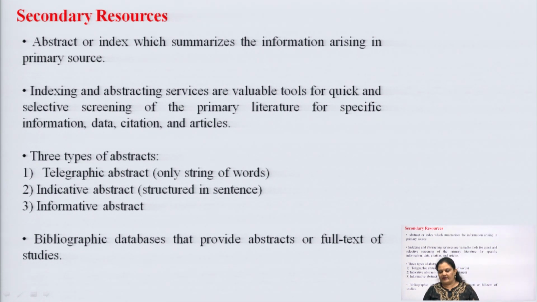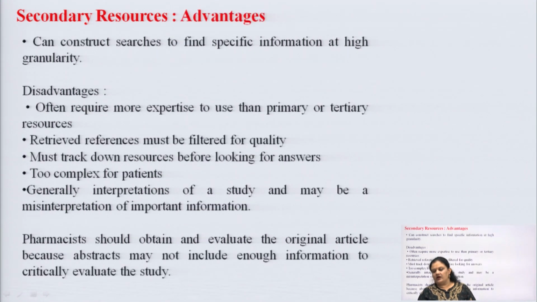There are three types of abstracts: telegraphic abstract, indicative abstract and informative abstract. Here the bibliographic database is also important, to provide a good idea about the abstract and full text of the study of that particular class of drug.